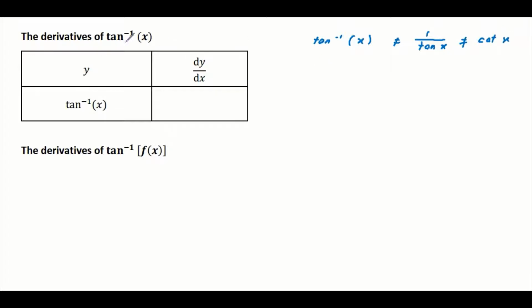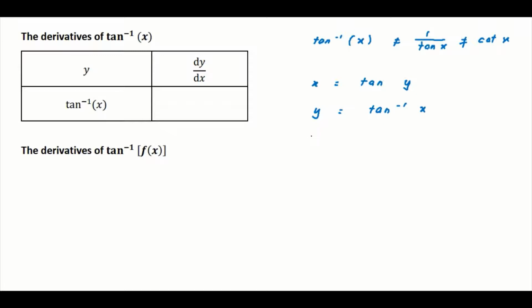Tangent inverse x, for example, if you have x equals tangent y, how do you actually solve for y? You will do y equals shift tangent in your calculator, right, to get the value of y. So this is what you do.